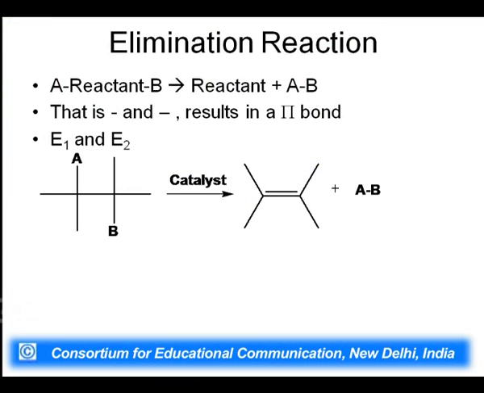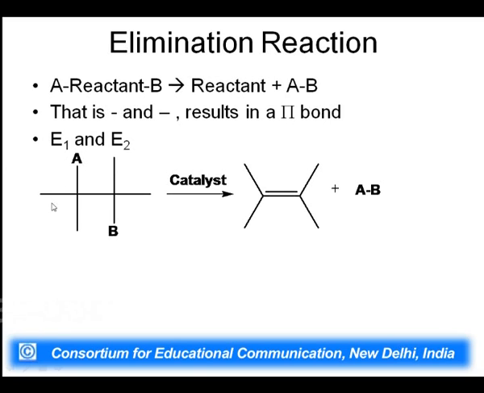Next point is, I have already told you that it is minus and minus. So we would be subtracting A as well as B. You can see on the slide that this will result in a double bond getting formed. We were adding AB to a double bond, we got this type of alkane structure, but exactly opposite.